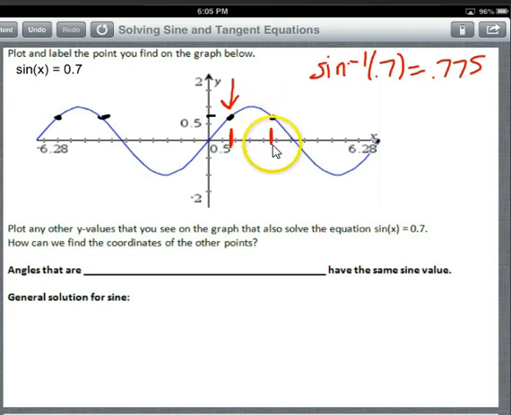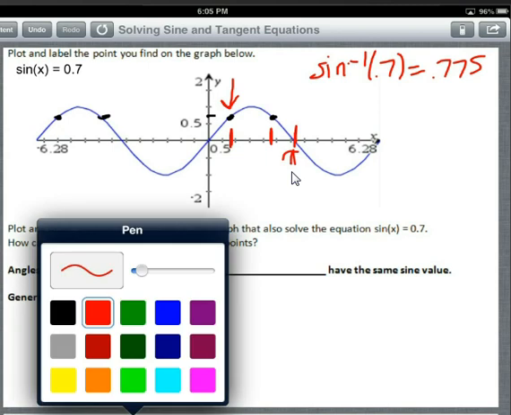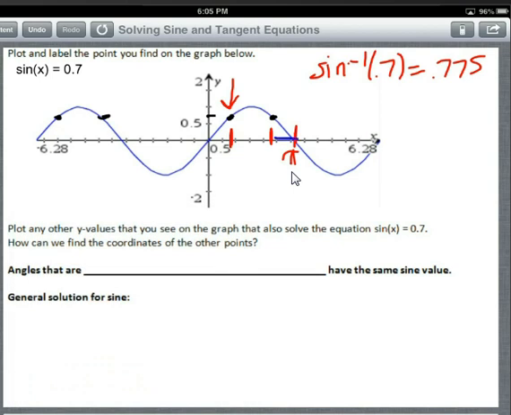What I want you to notice is that the distance from my principal angle to 0 is the same distance as from my secondary angle to pi. This is pi right here. Let me label that. So this distance is pi. And these two little distances, let me get another color, how about blue, these two distances here and here are the same.